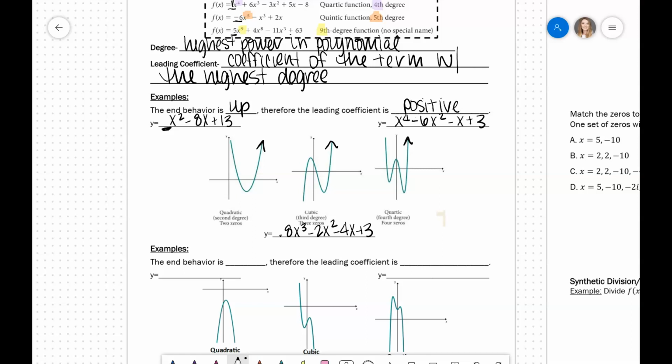So all of these leading coefficients are positive, which means it ends going up. If you look at the degree, this one is a degree of 2, this one is a degree of 4, and their starting and ending directions are the same. This one is an odd degree, so its starting and ending directions are different.